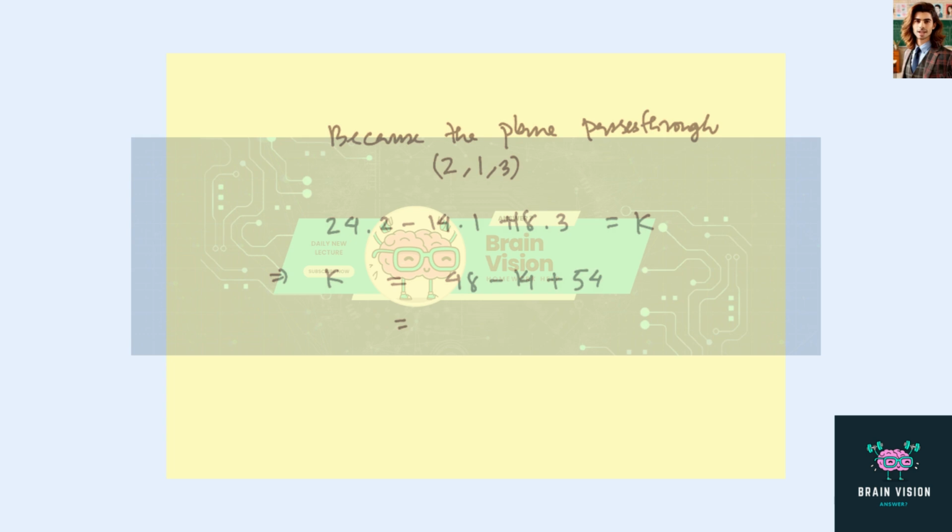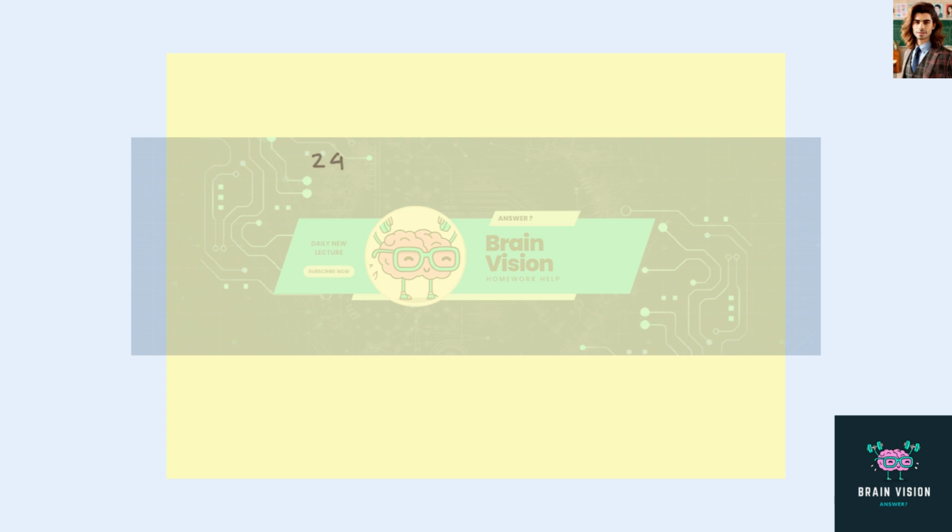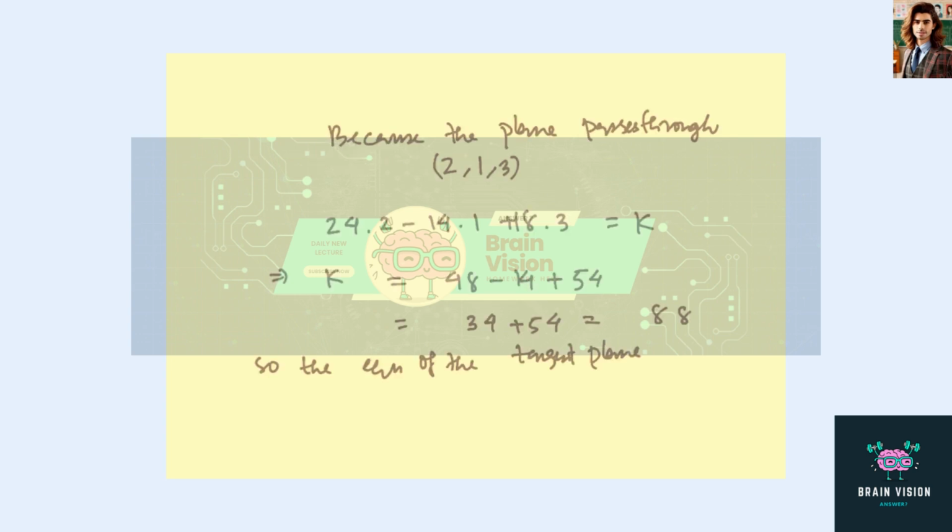So if I evaluate that, what is 48 minus 14? This is going to be 34, and then 34 plus 54, so 88. So the equation of the tangent plane will be 24x minus 14y plus 18z is equal to 88, my k.